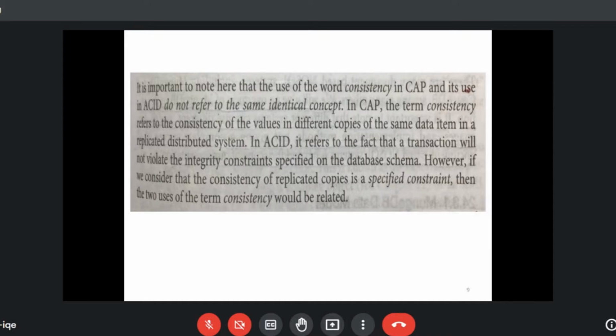So one rule is identified: the sum of the amount of money in both accounts before transfer and the sum of the amount in both accounts after completion of the transaction or after the transfer operation, so the total amount will remain the same.